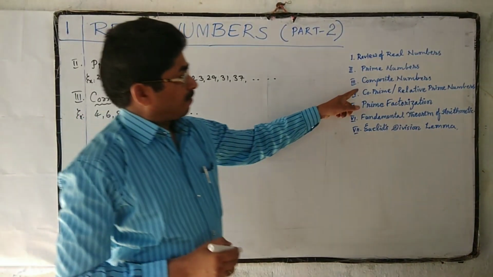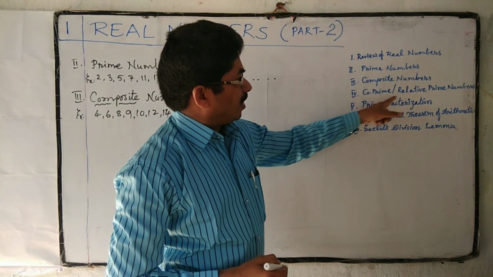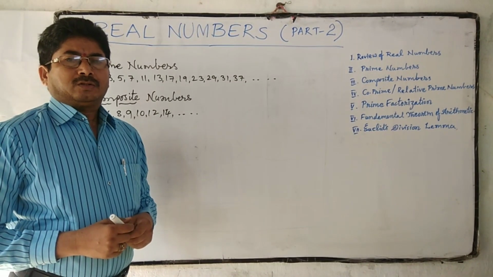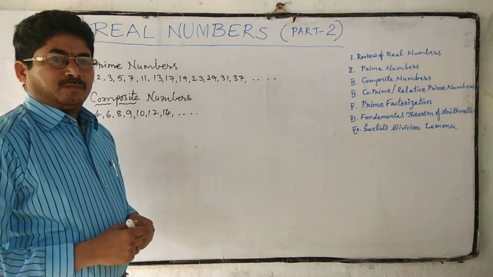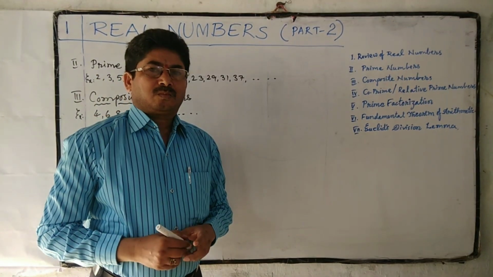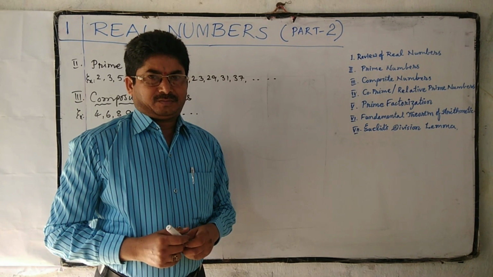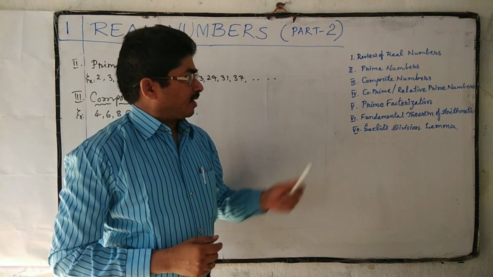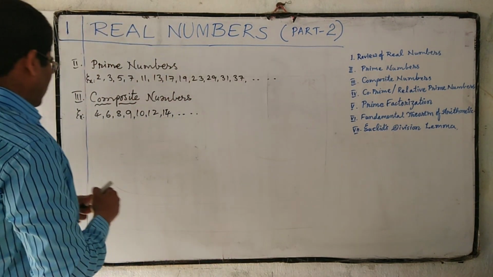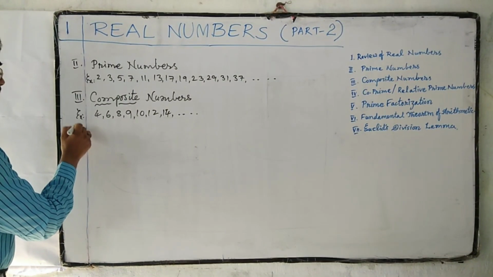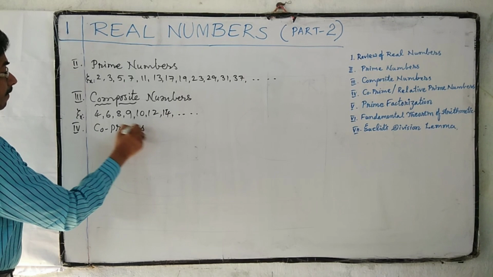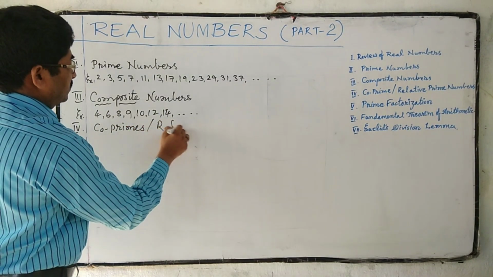Next, co-prime or relative prime numbers. The numbers which have only one common factor are called co-primes or relative primes.